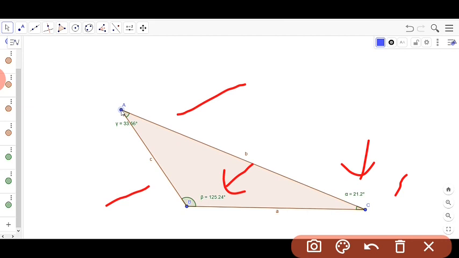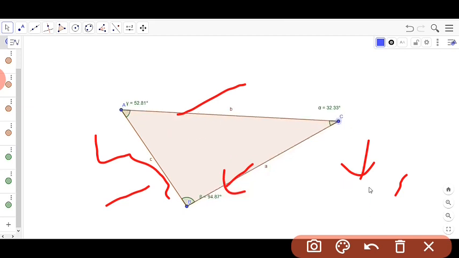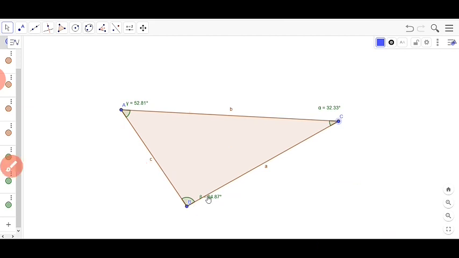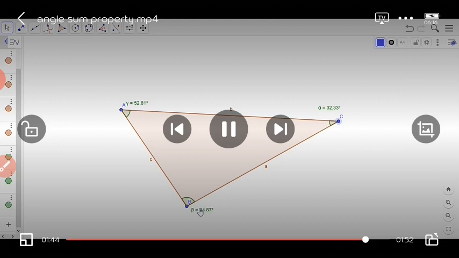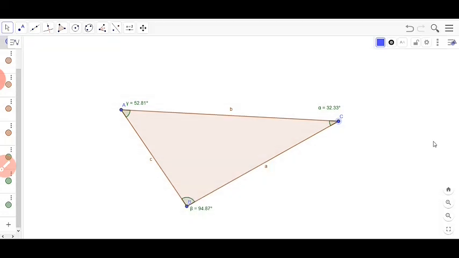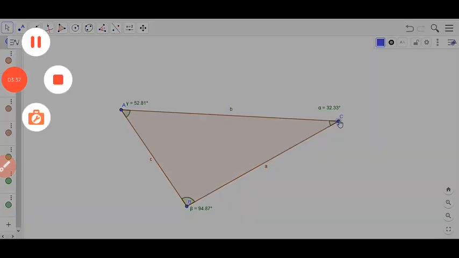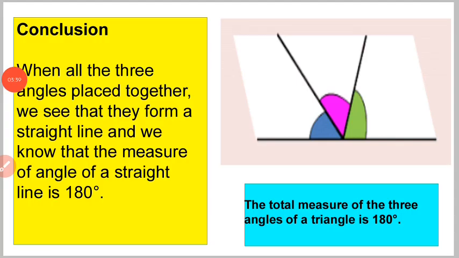Means when we add all the angles, the sum is still 180 degree. So we saw the verification manually.